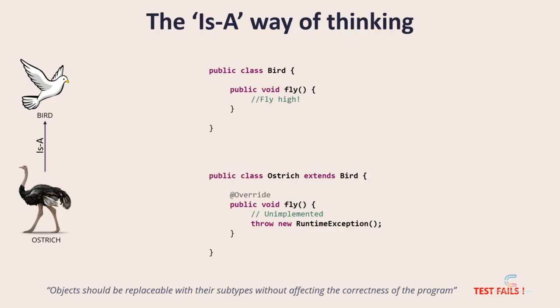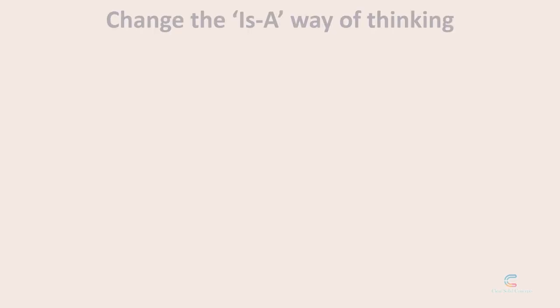If you do so and someone calls the fly method on the bird object, your program will fail. So the Liskov substitution principle requires a test standard that is more strict than the is-a test. It wants us to move away from the is-a way of thinking.